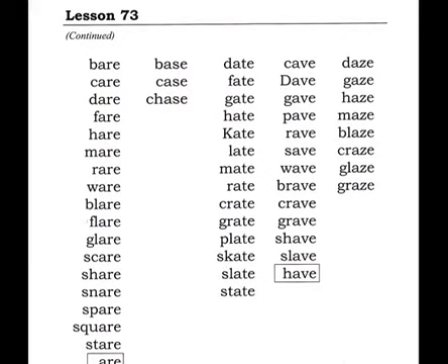Now, why is that pronounced have? I have no idea. It's spelled H-A-V-E and pronounced have. Now, incidentally, in the word behave, it's regular. But by itself, H-A-V-E is pronounced have.